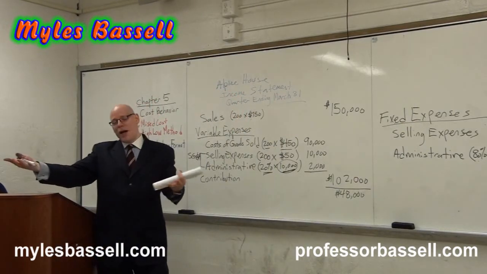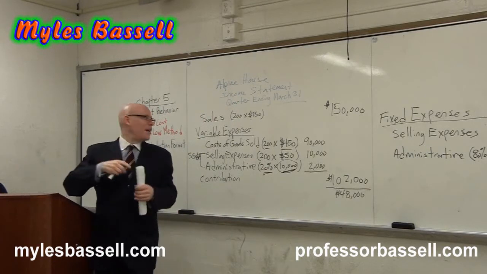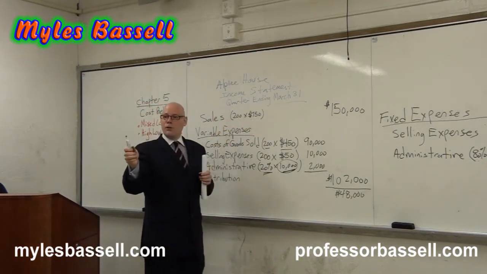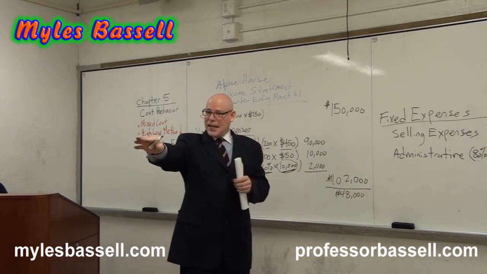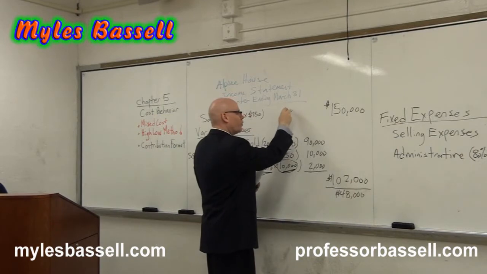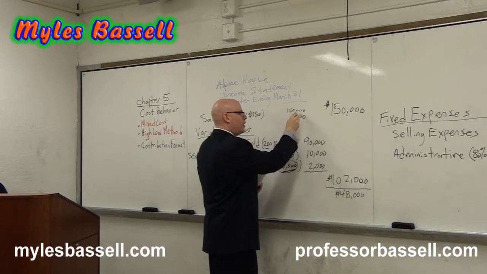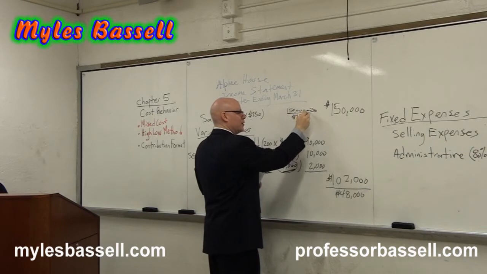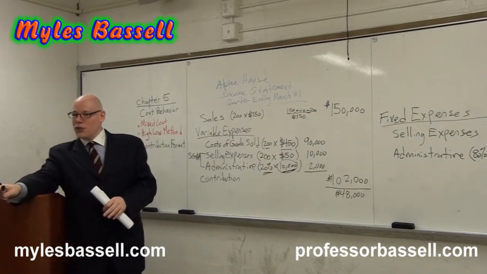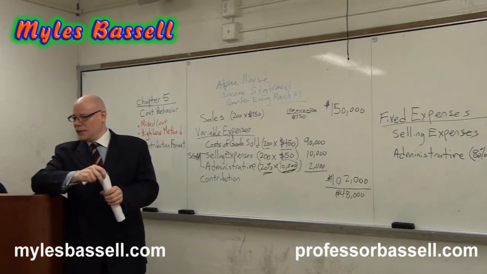They might have given us just the 200, and then we'd have to figure out 200 times 750. But that's how we calculated this. So you're right, that information was missing, and we needed to calculate it.